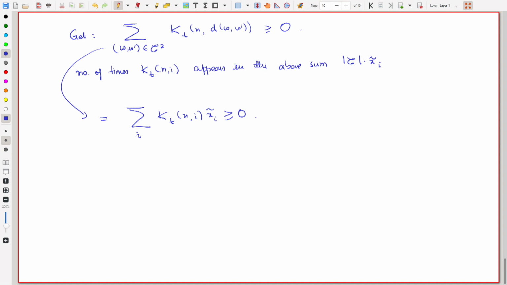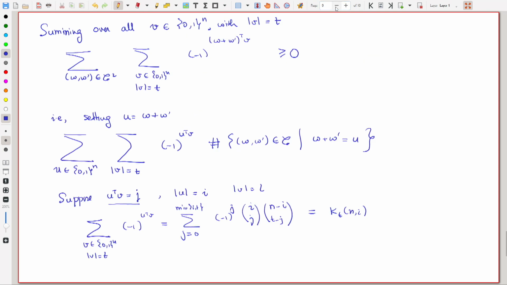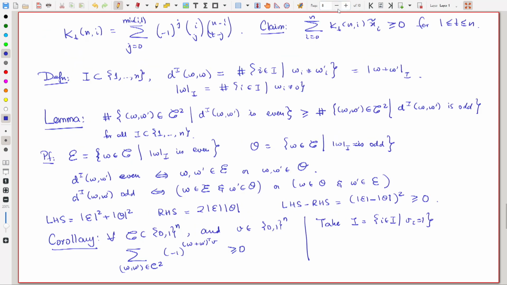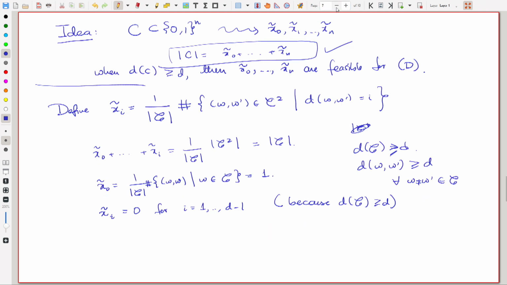So, the main idea behind this proof is this parity thing, that the even distance things are more than the odd distance things, and so this alternating sign in k t comes from there. Anyway, I did not do justice to this proof, maybe I need a little more time to explain it properly, but I hope you get the general idea. You can look it up in the book of Matousek and Gartner.